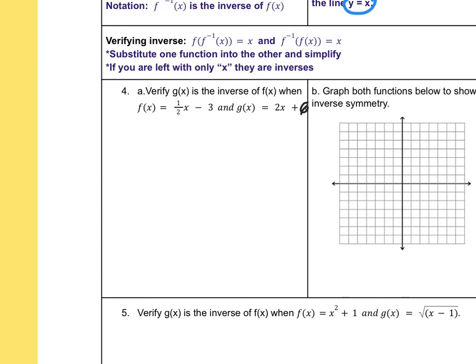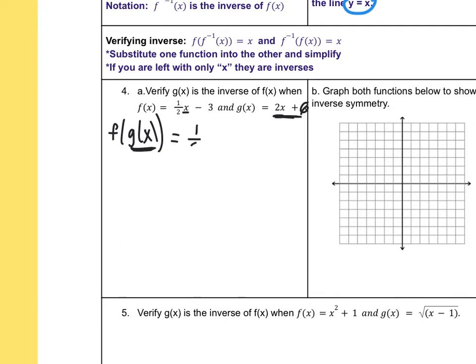Okay. First things first, I want to perform f of g of x, just to see if I get it to verify out. So f of g of x means I'm plugging in g of x everywhere where there's an x in f of x.